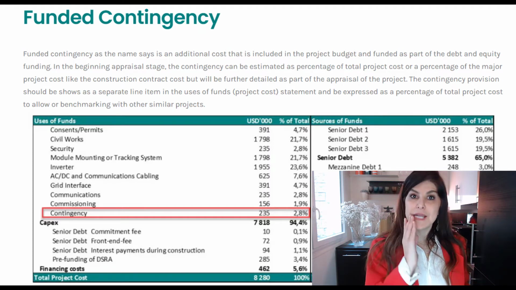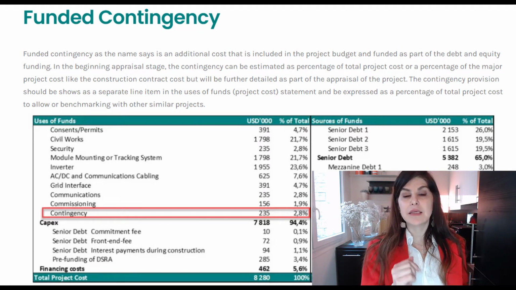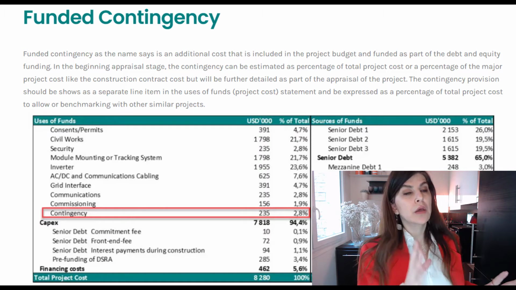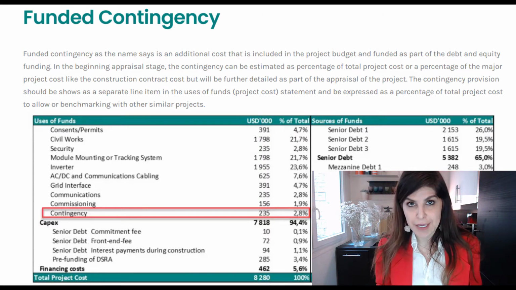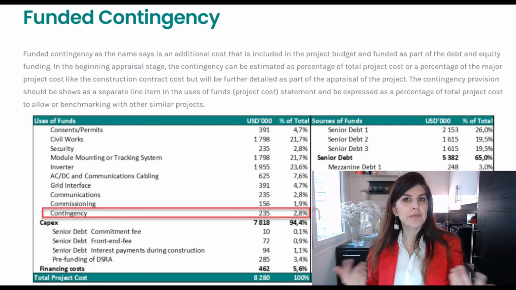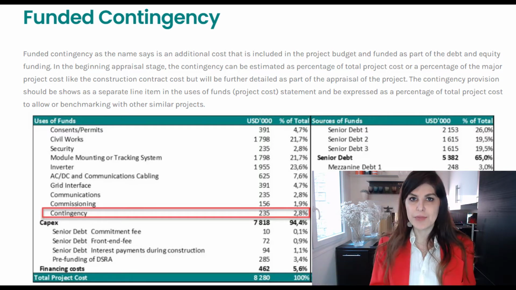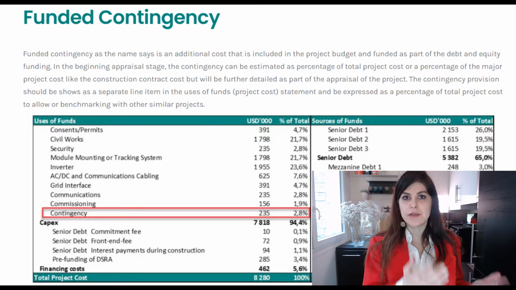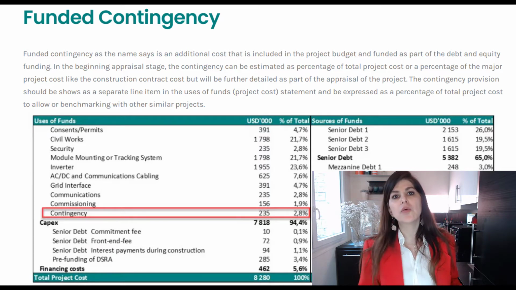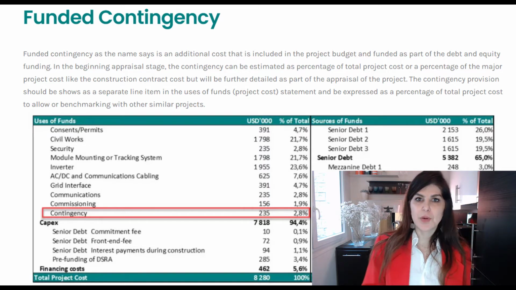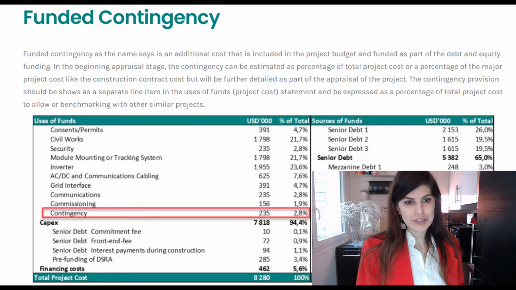However, there is a 90% chance that the cost overrun will be around $700K. So the lenders will say, okay, because I'm more conservative, I will go with the P90 case, with the 90% probability, and I will use a higher contingency. And the sponsors will go for a lower contingency provision.